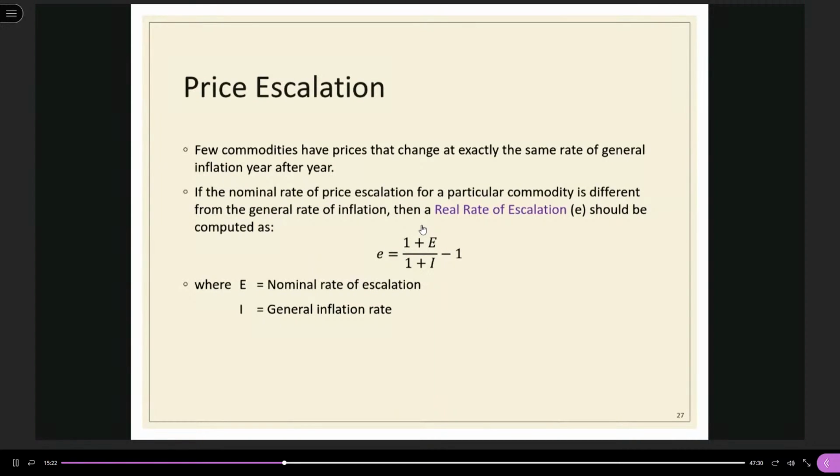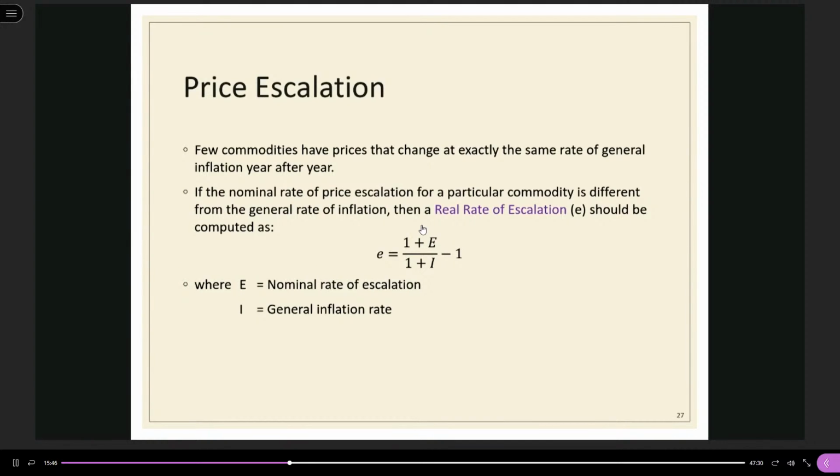Few commodities have prices that change at exactly the same rate of general inflation year after year. If the nominal rate of price escalation for a particular commodity is different from the general rate of inflation, then a real rate of escalation should be computed.